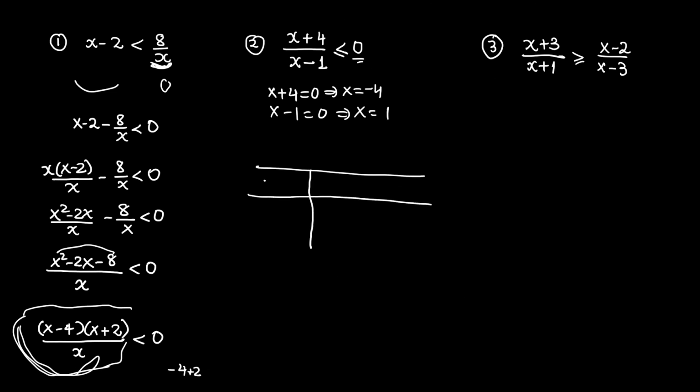First I have x plus 4. Second I have x minus 1. Minus infinity, plus infinity, like that. So I have 1 and minus 4. I have to organize in increasing order. So minus 4 comes first, and then 1.